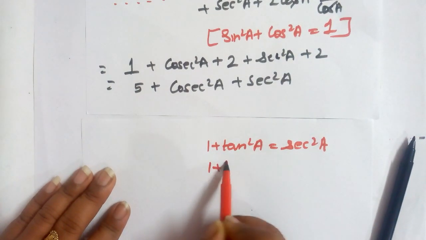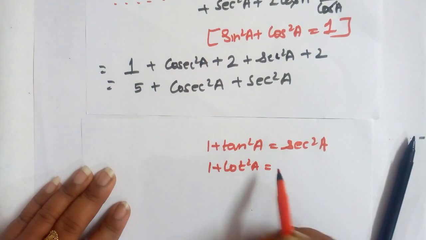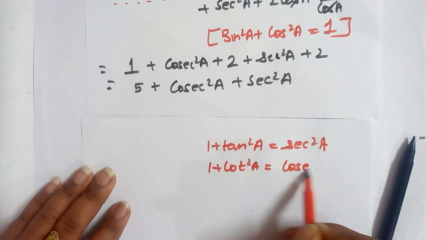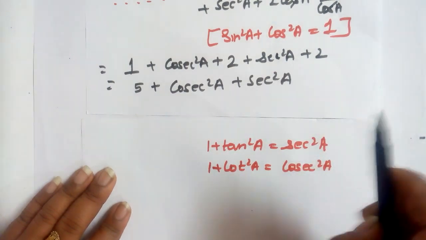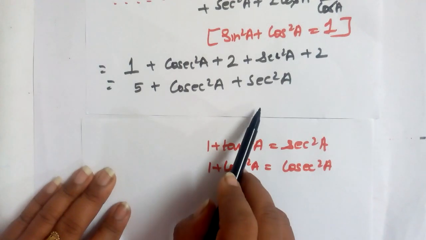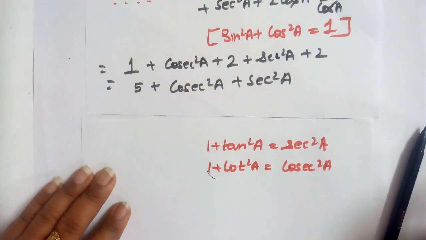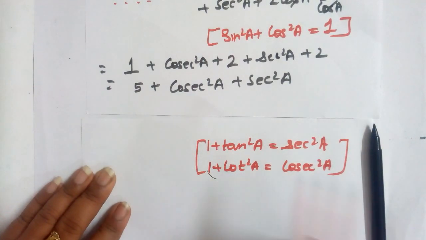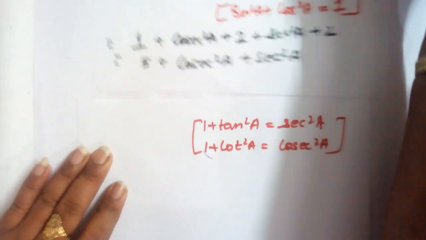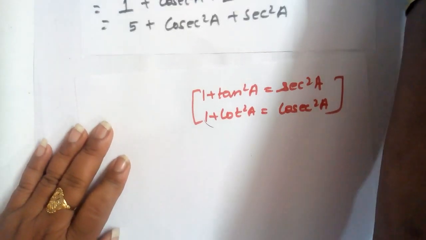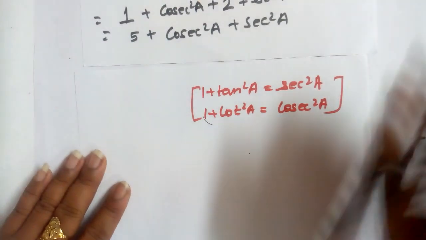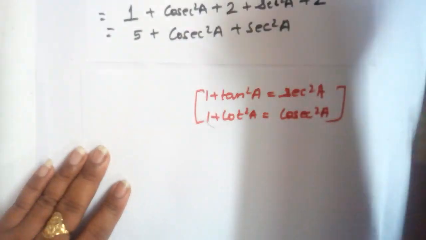And 1 plus cot square a is equal to cosec square a. So instead of cosec square a and sec square a, we are going to use these identities. So you can see how identities are very important. So you need to learn them by heart. I hope it is clear.